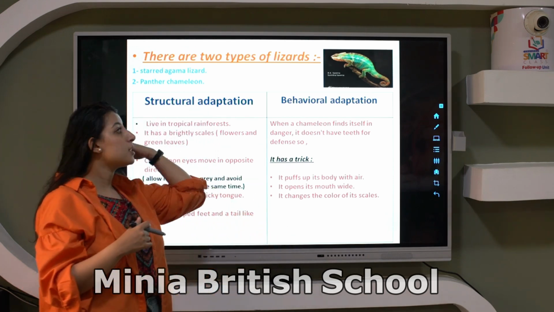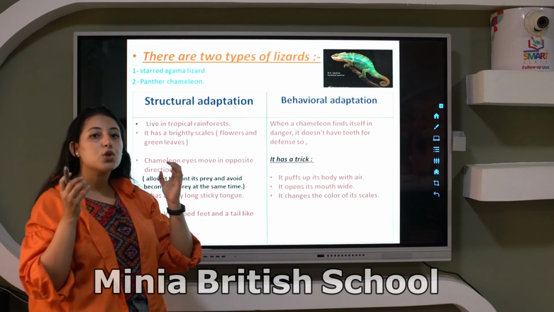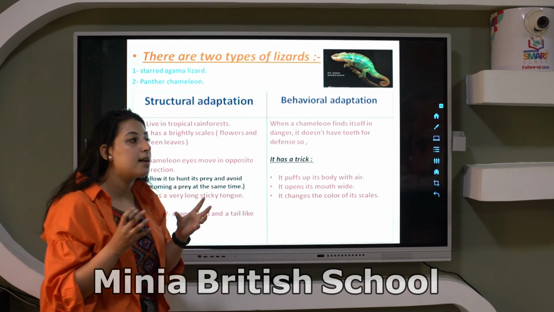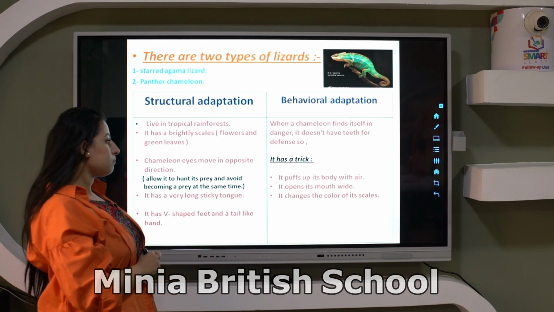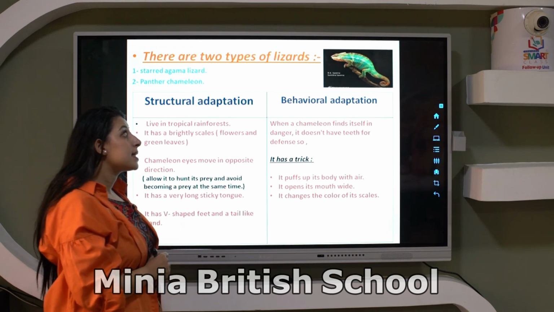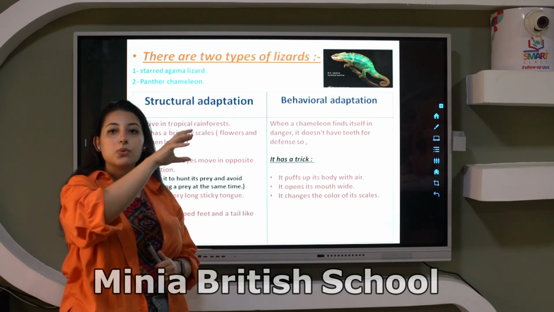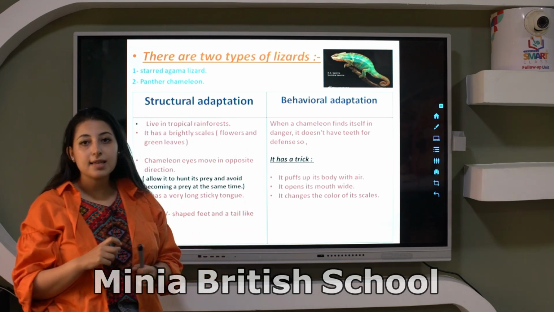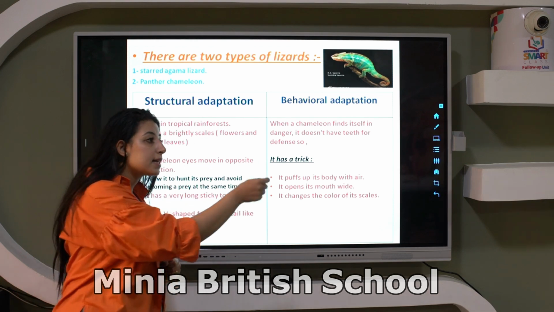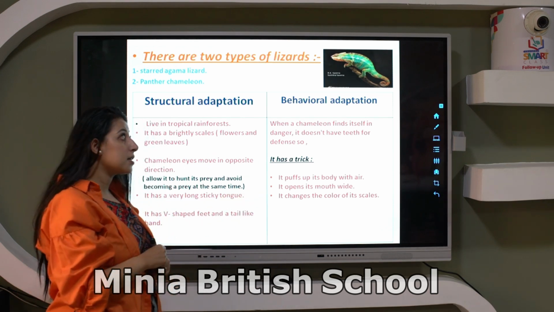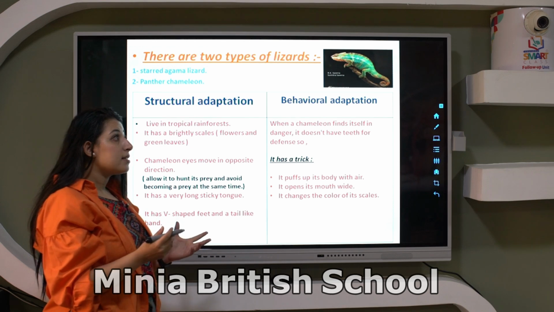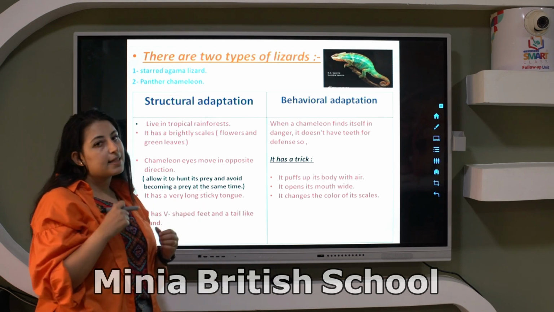So God created colorful scales for it to stay hidden among the colorful trees. Okay, what else? Its tongue. It has a long sticky tongue to catch its prey easily, so its tongue is related to structural adaptation.